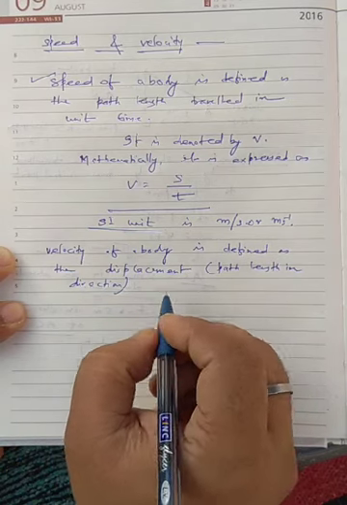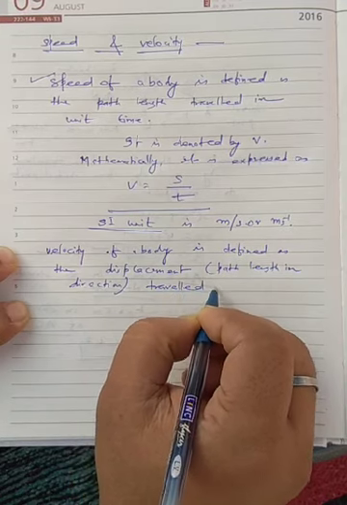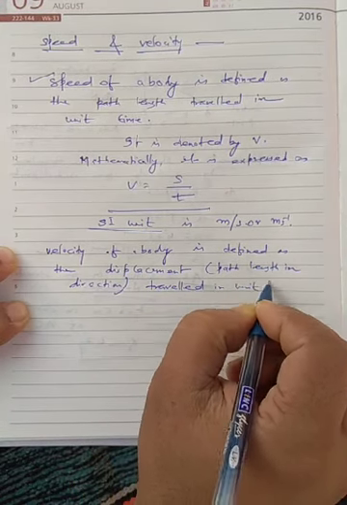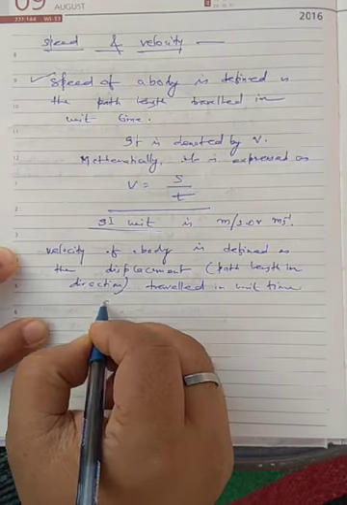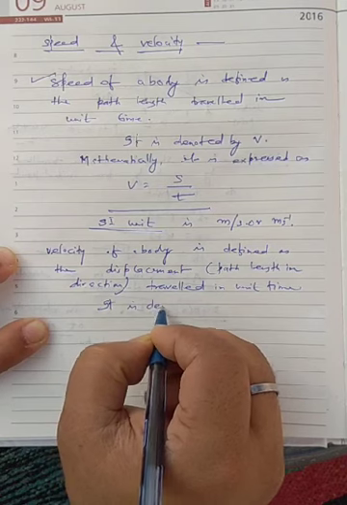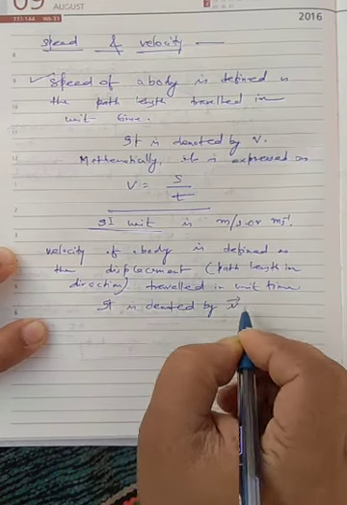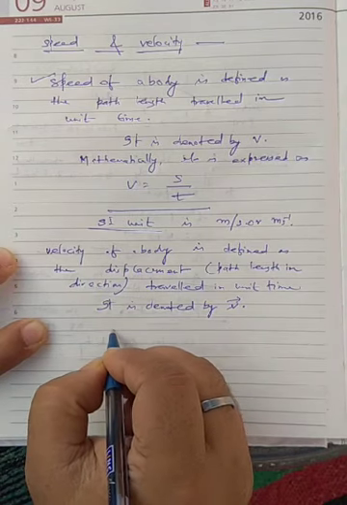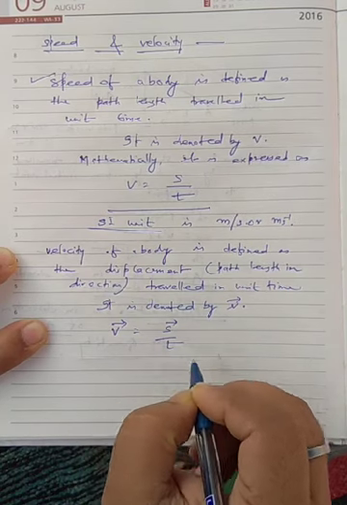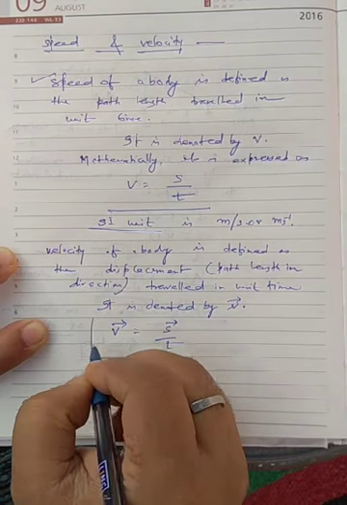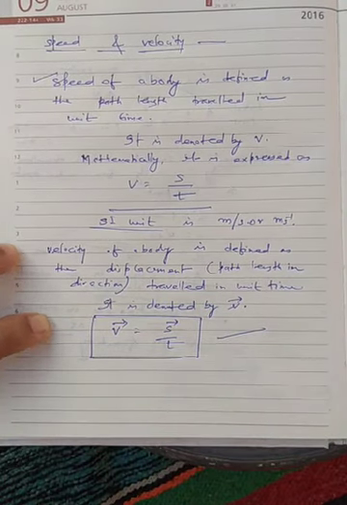Defined as displacement traveled in unit time. So mathematically it is denoted by v vector. So v vector equal to s vector by t. So this is speed and velocity.